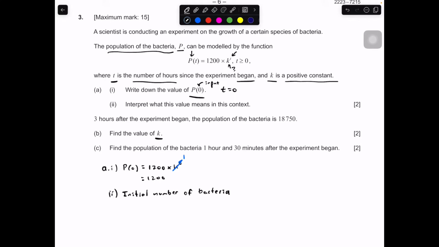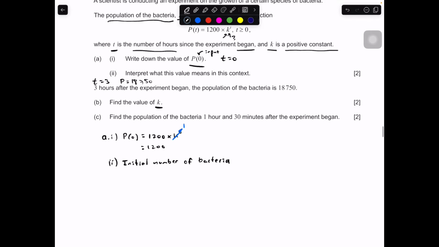And then t is the time. And here they're giving us a value. When t is equal to 3, P is equal to 18,750. So we have 2 out of these 3 unknowns. We know the population, we know the time, k is the only thing we don't know. So we can set up an equation and essentially just solve this.